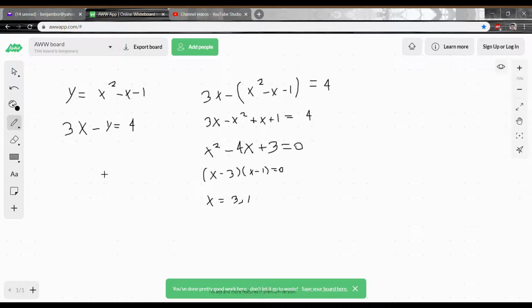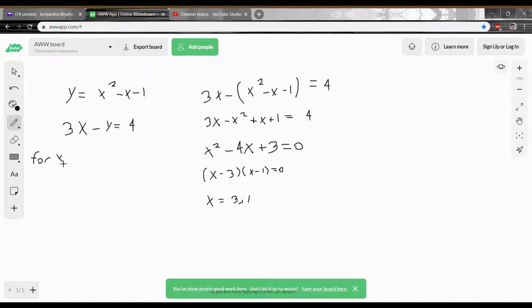Now we can take these solutions for x and put them back into either of these equations, and we can get solutions for y as well. But we need to distinguish the two. So we're going to write them out.